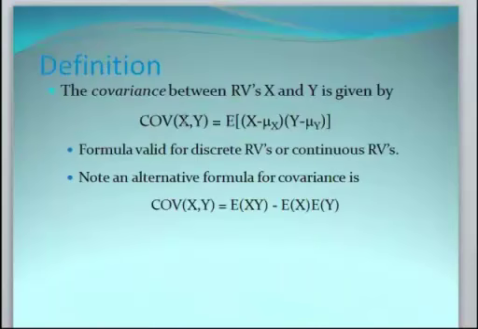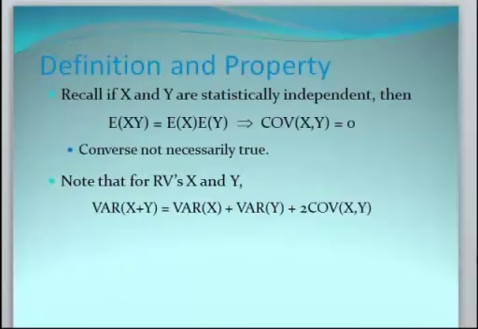So the covariance between random variables, you can calculate it by using this formula for the expected value. An alternative formula is this one right here, which is actually a little easier to use, and we're going to do a sample of that later on. So then a definition and property about these is if you take the expected value of xy and it's equal to EX times EY, then that covariance is 0.